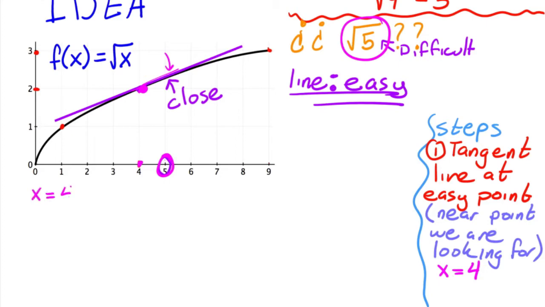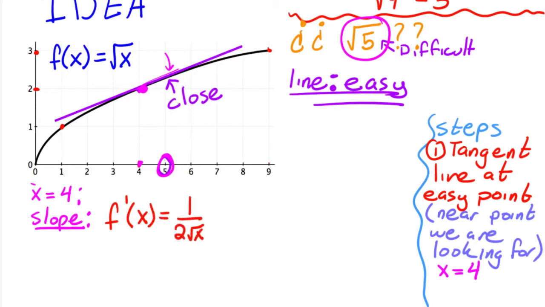If x is equal to 4, the first thing we do is find the slope. To find the slope, we need to find the derivative of our function. The derivative of square root of x is 1 over 2 root x.